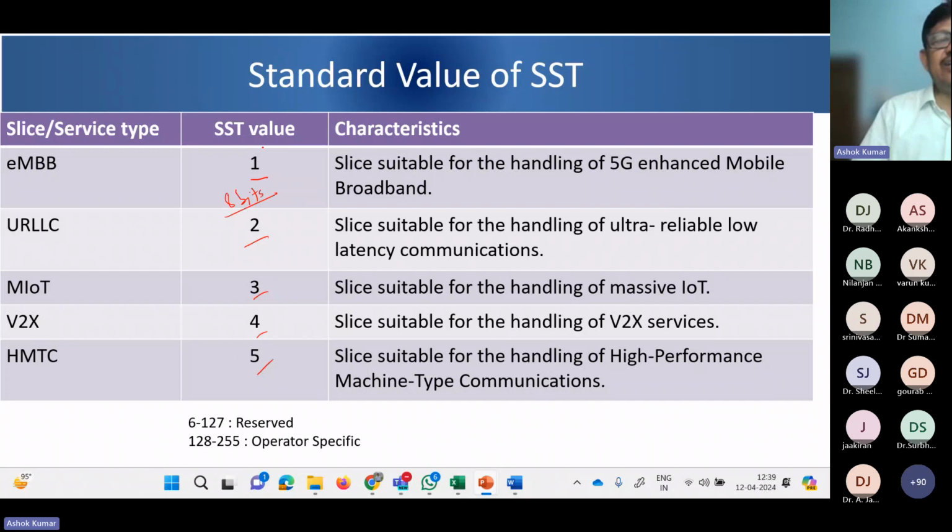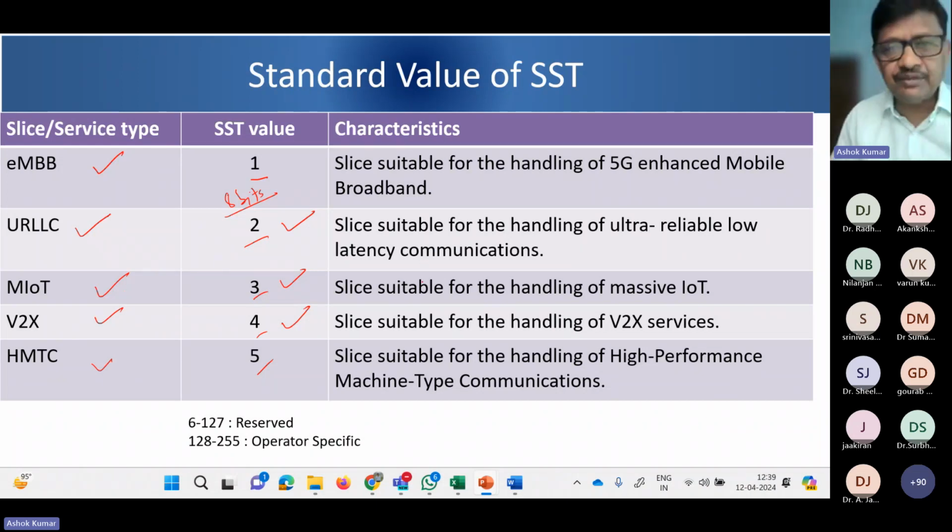So SST value 1, service type or slice type 1, means I'm talking about an eMBB type of slice. 2 means this is a URLLC type slice. 3 means massive IoT slice. 4 means V2X. And 5 means high performance machine type communication. So 5 types of SST values are defined by 3GPP so far.